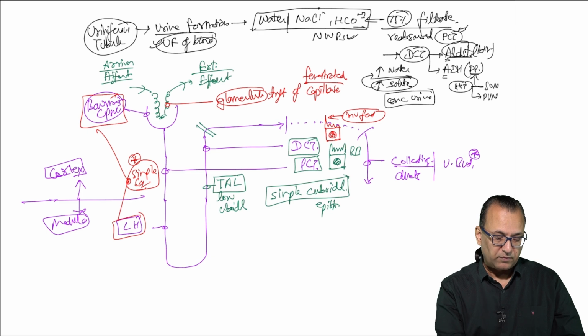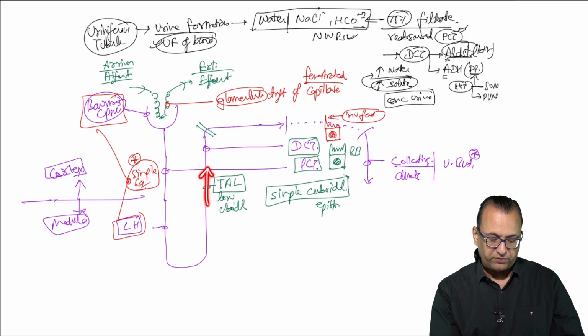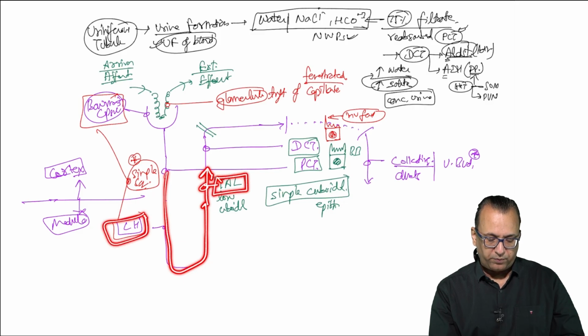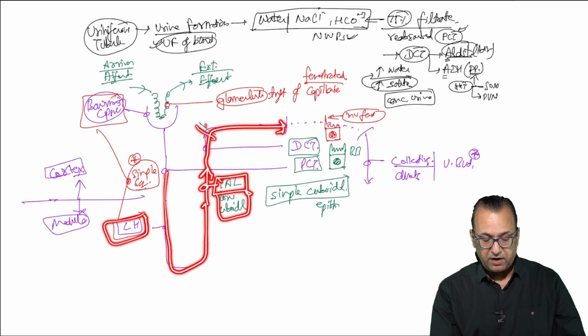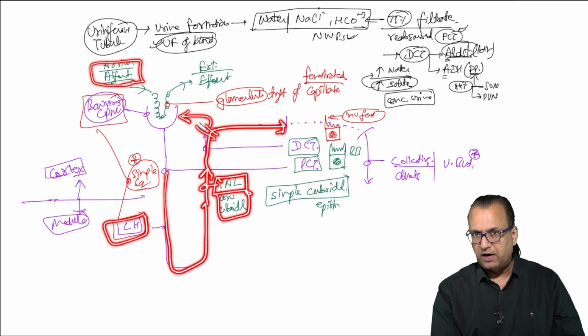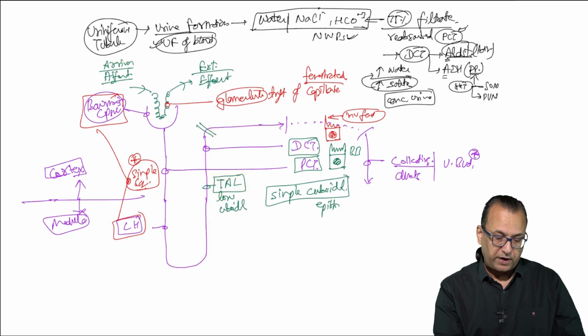When the thick ascending limb of the loop of Henle meets the DCT near the glomerulus, especially the afferent arteriole, there will be a juxtaglomerular apparatus. We will be talking about this juxtaglomerular apparatus in detail also. There will be three things to discuss.